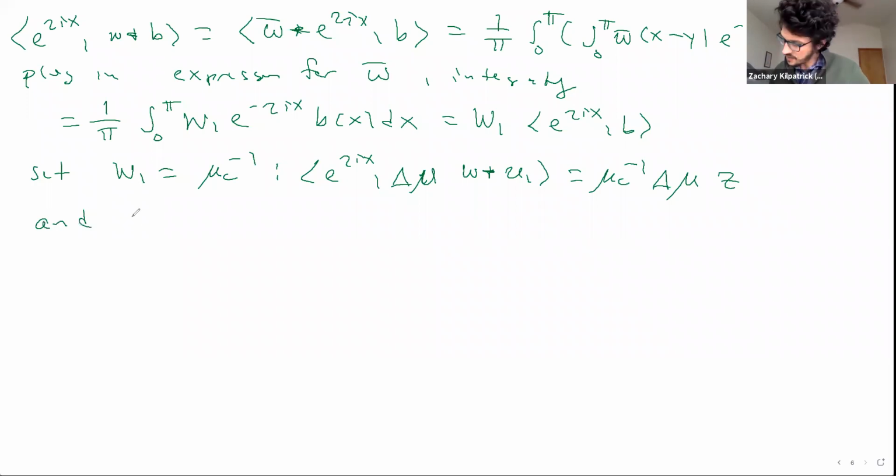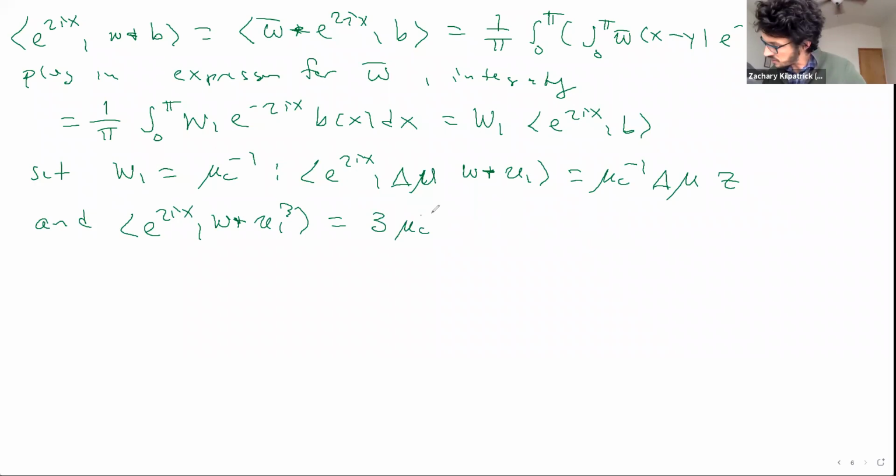And we have that e to the 2ix w star u1 cubed is equal to, after a bit of work, 3 mu c to the minus 1 z squared z, okay?